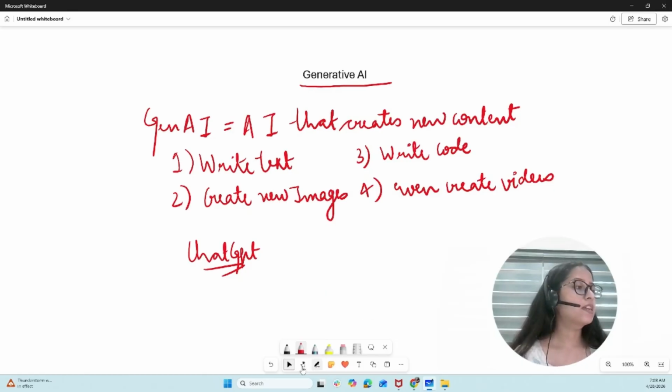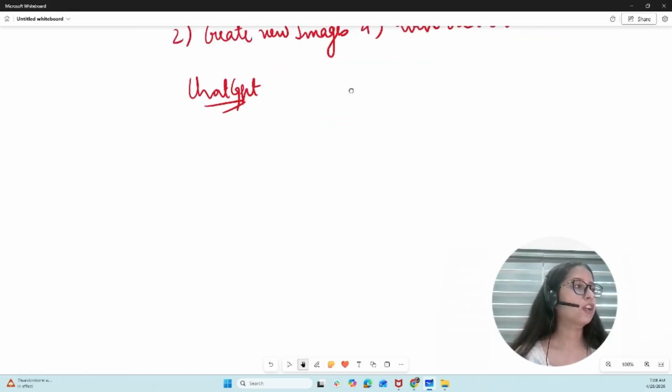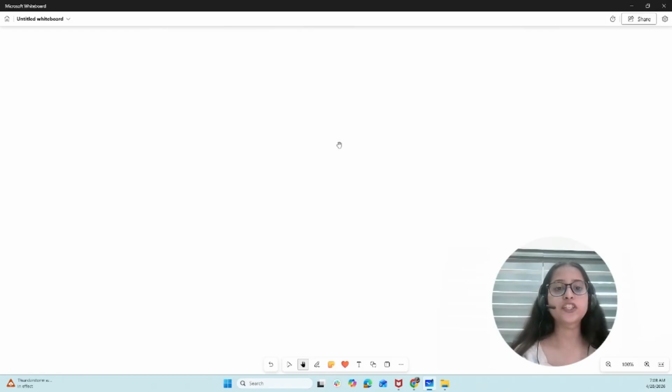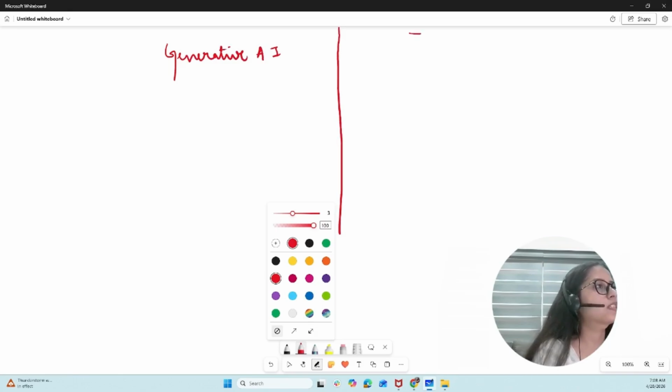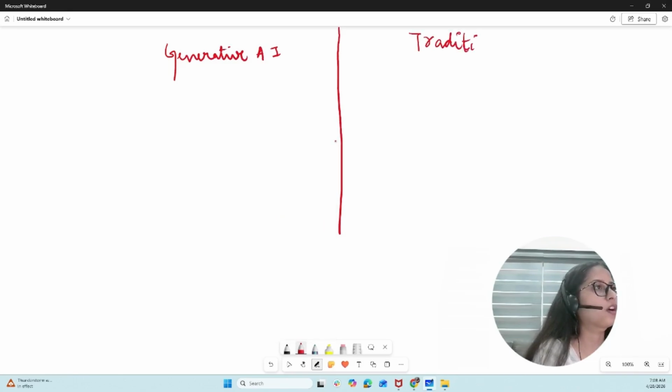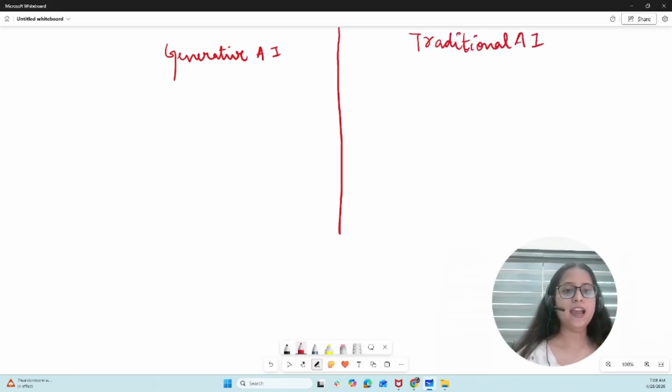Okay, so let's understand it in some detail. We will compare and contrast traditional AI and generative AI. Now we can create two columns, generative AI, and then we can put traditional AI. Alright, so any idea what traditional AI is?